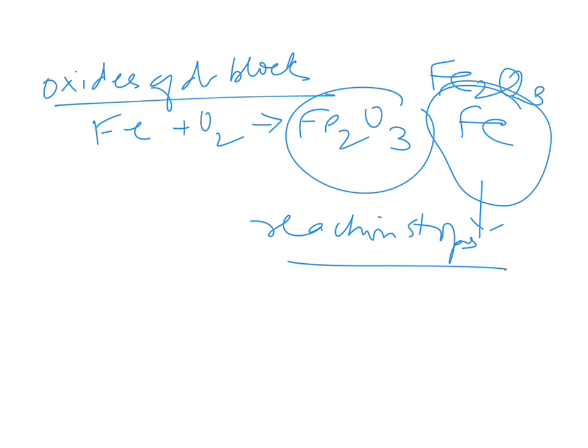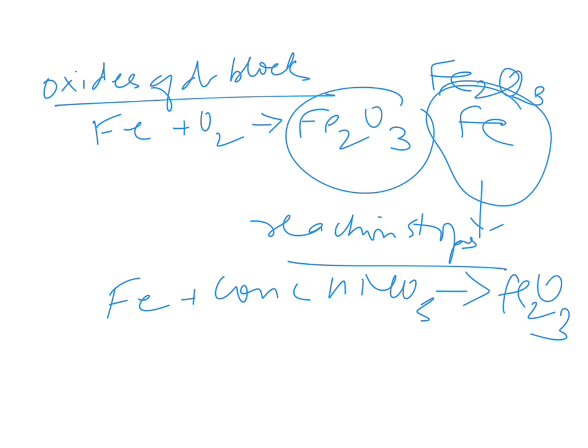So you can be asked that when a metal is reacted with any strong acid, then after some time the reaction stops. Why? Suppose you take Fe and react it with concentrated HNO3, it will form Fe2O3, and this Fe2O3 covers the surface of the Fe, and thus it prevents further contact with Fe, and the reaction stops. Okay.